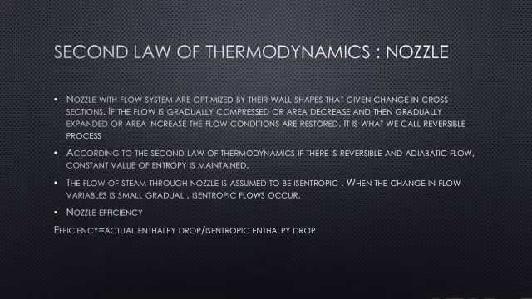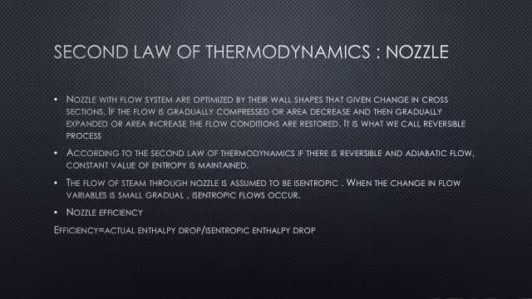Second law of thermodynamics for a nozzle. Nozzle flow systems are optimized by their wall shape that gives change in cross section. If the flow gradually compresses or area decreases and then gradually expands or area increases, the flow conditions are restored. It is what we call reversible process.